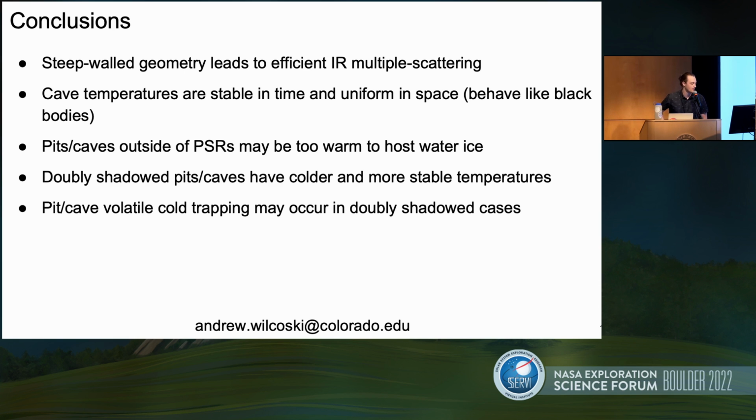And we're finding that escape from these features is still quite efficient. But in cases like the doubly shadowed case, with stability you can trap volatiles for a much longer period of time. And part of that is that smaller aperture effect.